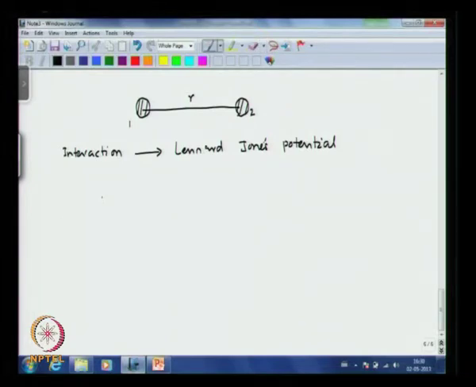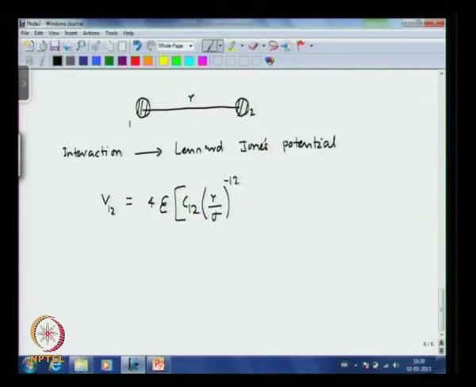So, the Lennard-Jones potential V12 is given by 4 epsilon into C12 into r over sigma to the power minus 12 minus D12 into r over sigma to the power minus 6.